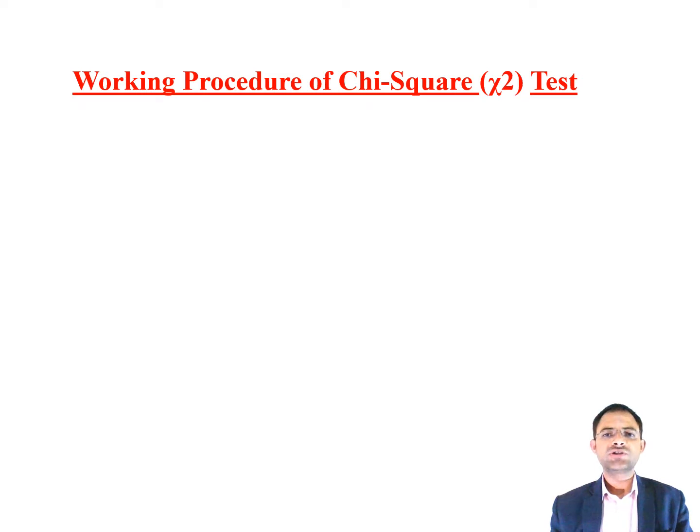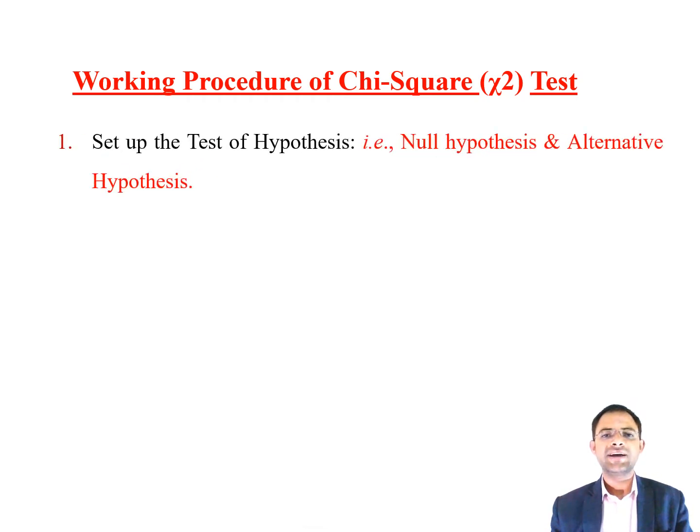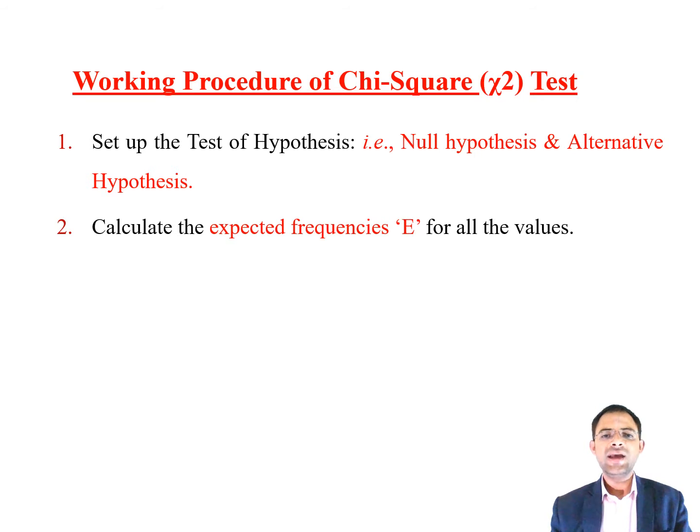Now, the working procedure of the chi-square test. To calculate the chi-square, we have to go through a series of steps. In the first step, we have to set up the test of hypothesis, that is the null hypothesis and the alternative hypothesis. In the second step, we have to calculate the expected frequencies, denoted by capital E, for all the given values.